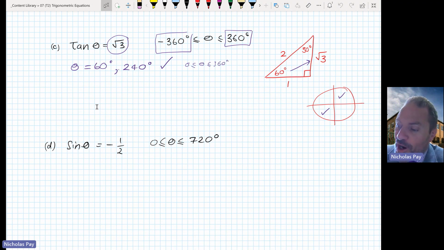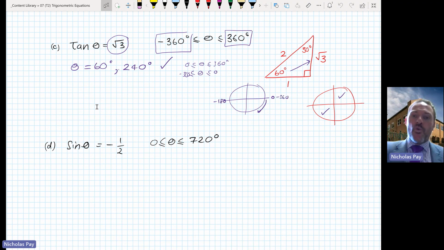So we know that is correct because that satisfies the 0 to 360 degrees. But the problem is I've also got 0 to negative 360. And we did a bit of work a little while ago about doing the unit circle in reverse. That means instead of going anti-clockwise, we go clockwise from 0 to negative 180 to negative 360. So we're going all the way around.